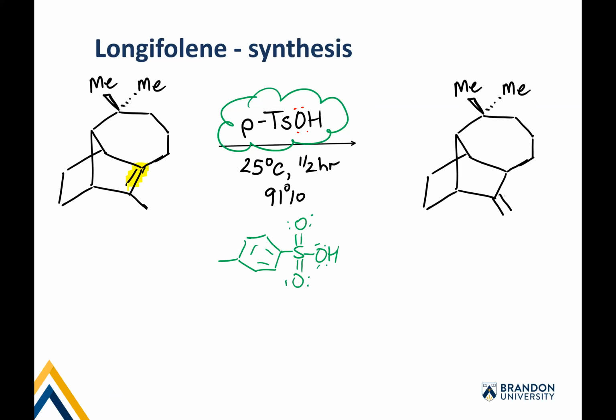We go from a tetrasubstituted double bond to basically a disubstituted double bond. So this reaction is an isomerization, really, because all we're doing is changing the location of the double bond. So the first step will be what? And we've got a source, basically a source of H+.